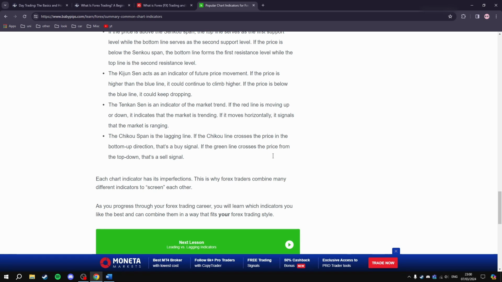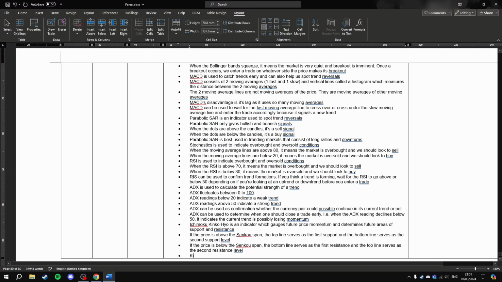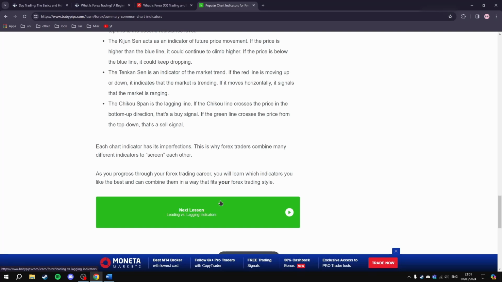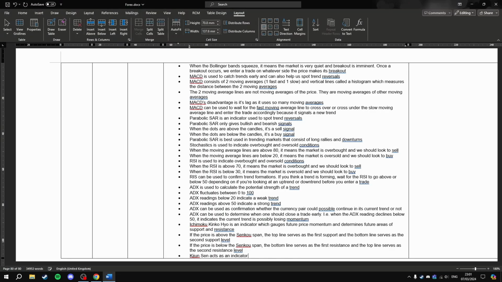The Kijun-sen acts as an indicator of future price movement.